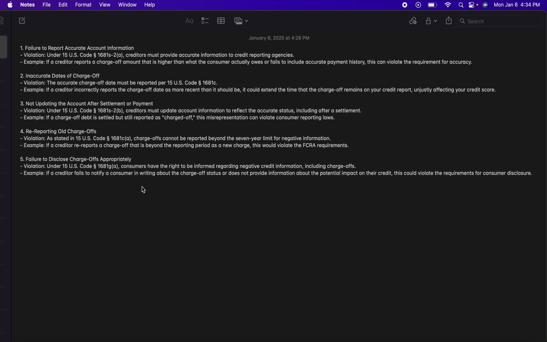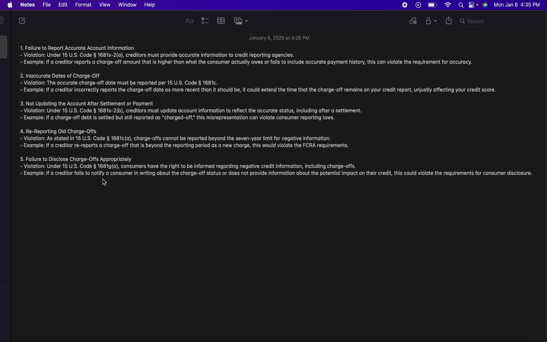But this is why when you're going over the Fair Credit Reporting Act and you're breaking it down, you want to focus on how it would apply. So this is why I break it down the way that I do, so you can kind of see how it looks in real life scenarios, real life situations. Like, okay, this is a violation, but I'm trying to think, when has this ever happened to me?